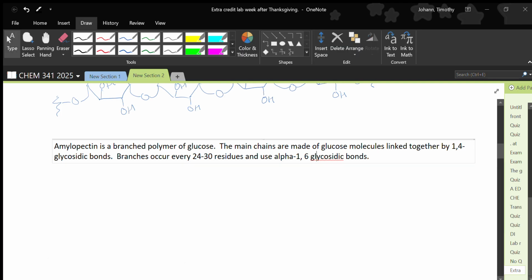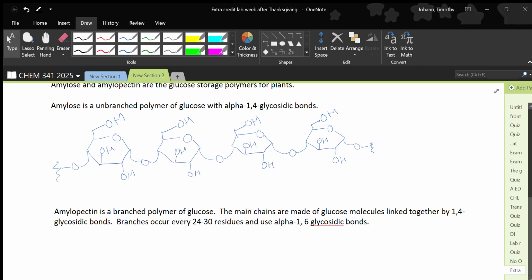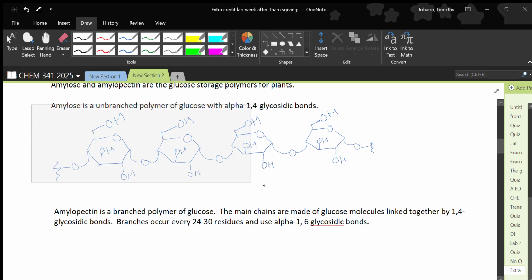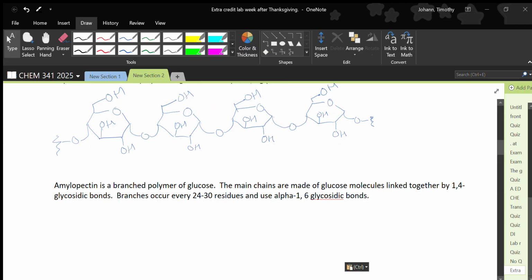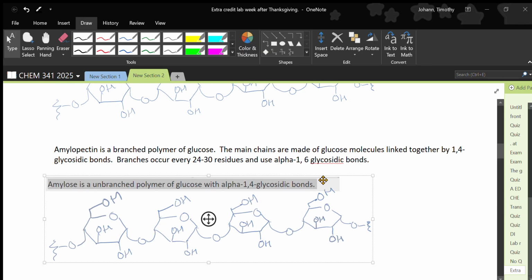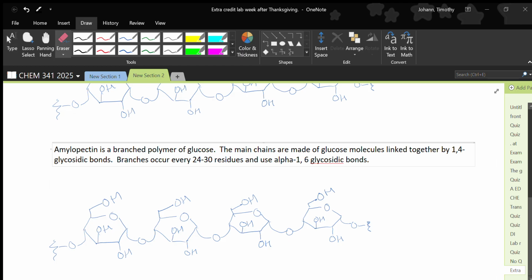If I was to draw 6 residues of this, let's say I've got these 4 residues.